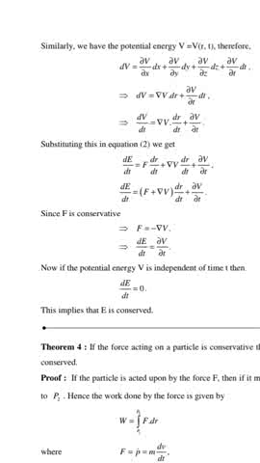Substituting in this, dE/dt = F·dr/dt + ∇V·dr/dt + ∂V/∂t, so dE/dt = (F + ∇V)·dr/dt + ∂V/∂t.